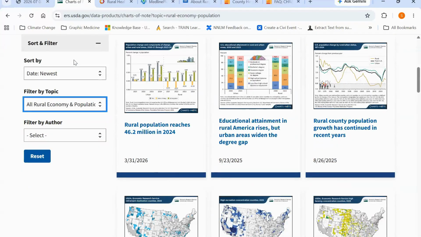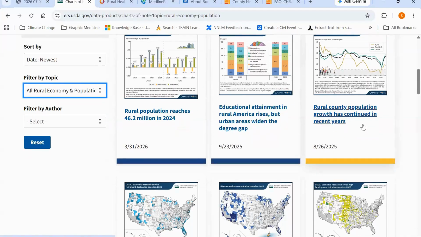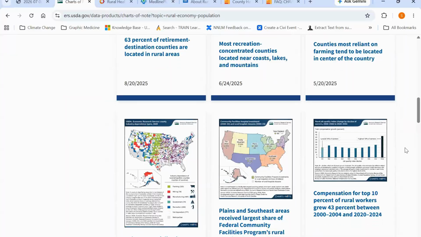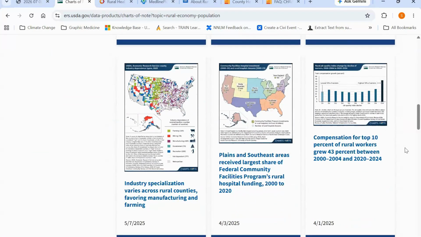And so you can see that you get things like rural population reaches 4.2 million in 2024, educational attainment, county population growth. So these are, again, the demographics and population-based information.